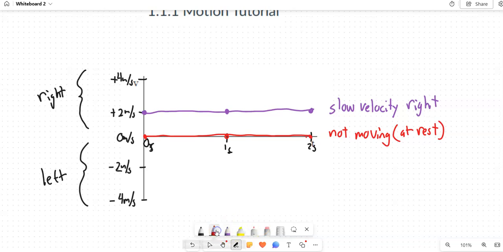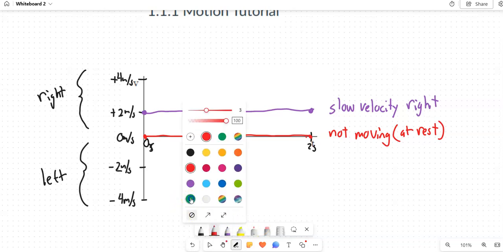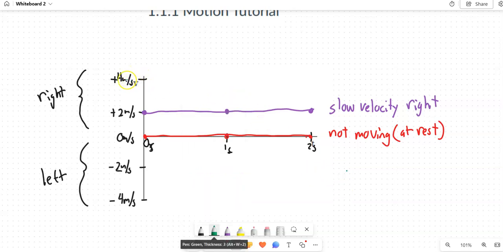Similarly, if an object is moving fast, and I'm going to use green for fast, well, 4 meters per second is greater than 2 meters per second. So you'll also notice that if an object is moving fast, it's further away from this 0 meters per second, in either direction.